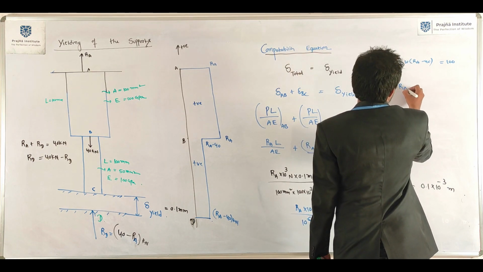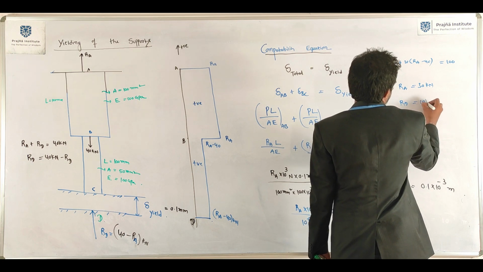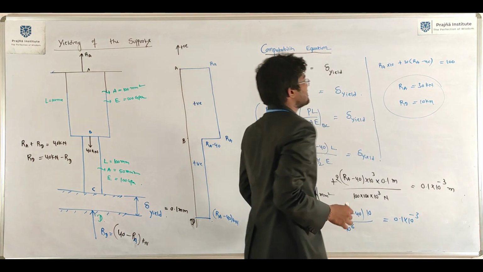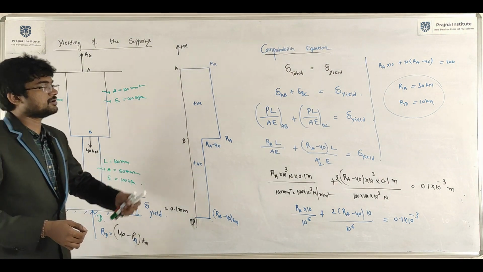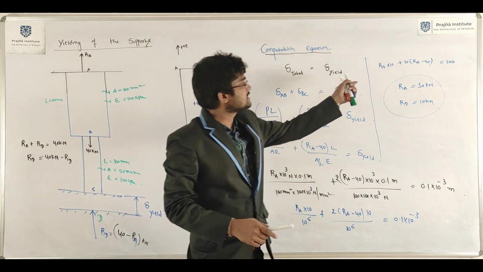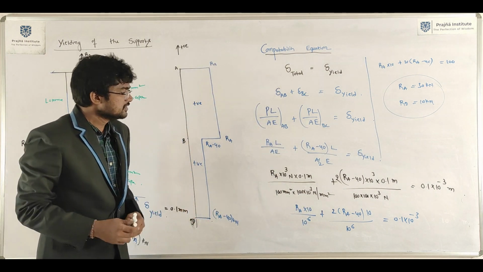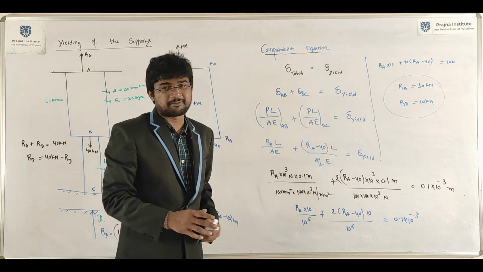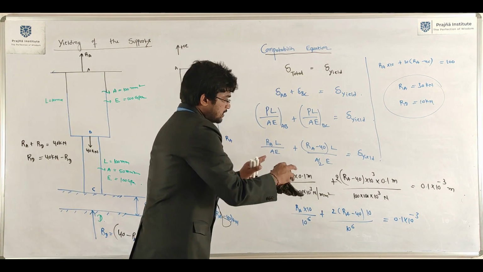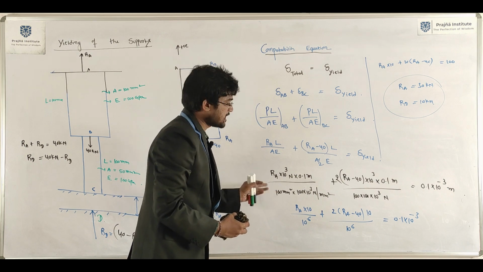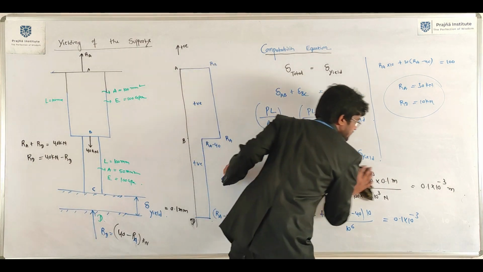Finally RA is equal to 30 kilonewton. RD is equal to 10 kilonewton. You will get the same answer. Same numericals, same compatibility equation. This is one way to solve the problem, and there is one more way. We are now having expressions.